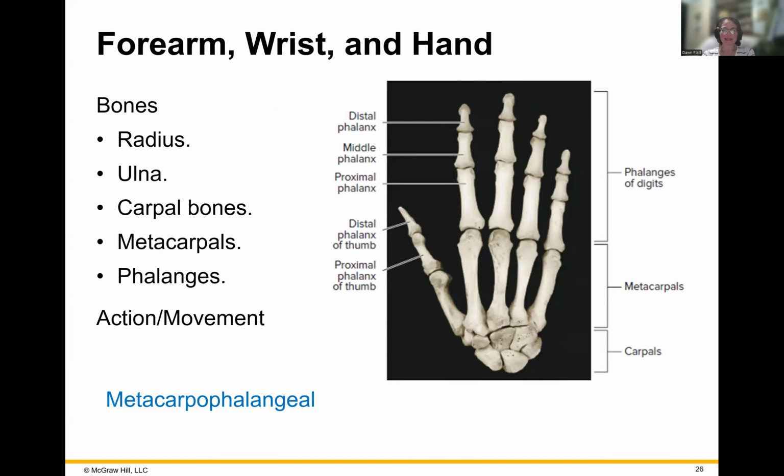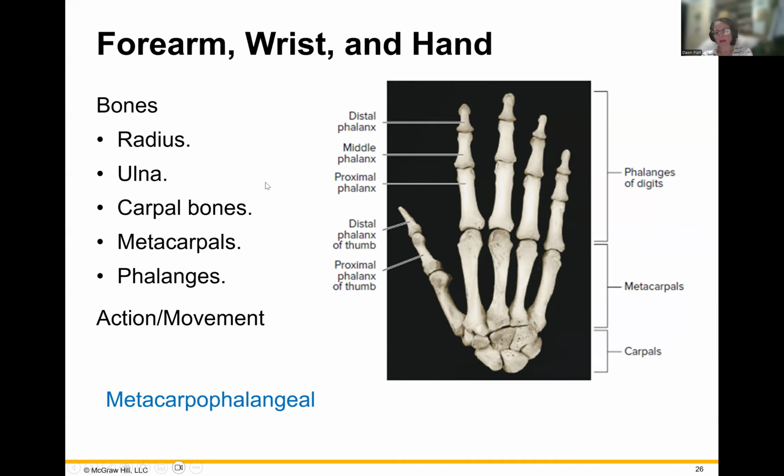Forearm, wrist, and hand. Let's take a look. The forearm is actually your radius and your ulna. Then in your hand, you're going to have your carpal bones, which are down here, your metacarpal bones, which are going to be these ones right here, and then these ones down at the end are your phalanges that have to do with your fingertips.